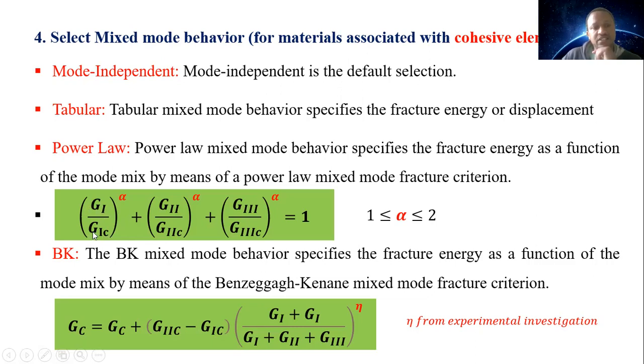GI is the energy release rate, but GIC is the critical energy release rate in the first normal mode, in the first shear mode, and in the second shear mode, and alpha is the power law coefficient, which is 1 to 2. And then the BK criterion is characterized with this equation, and the BK coefficient is obtained from the experimental result.